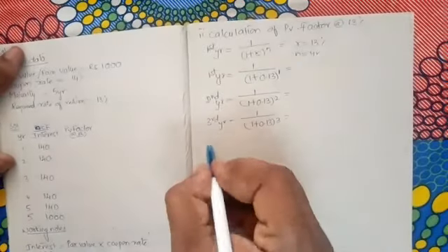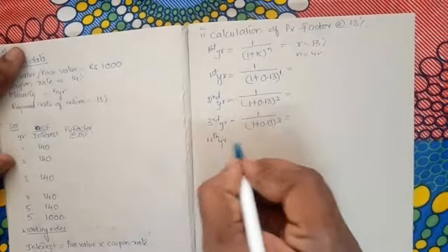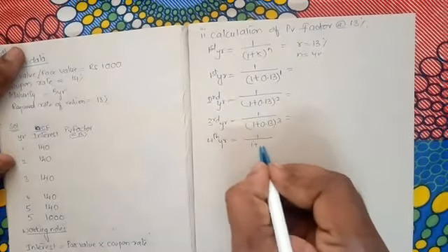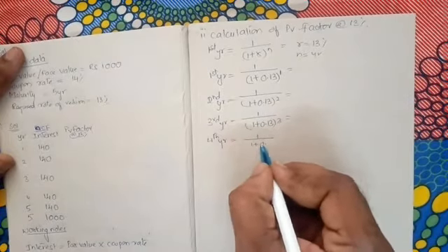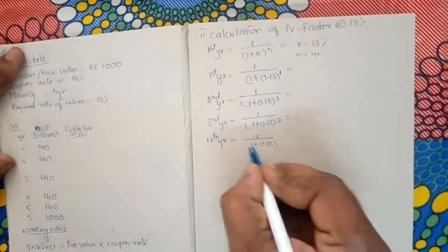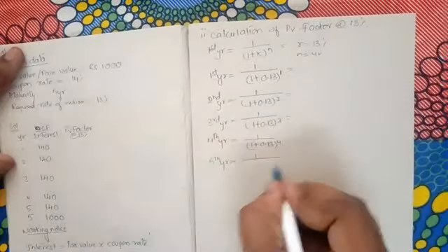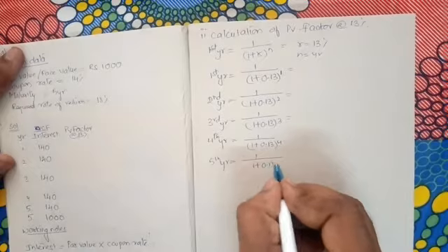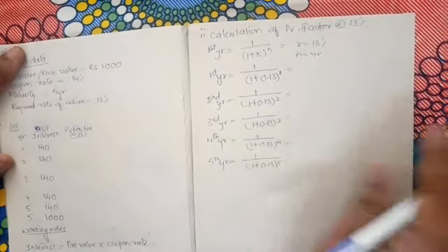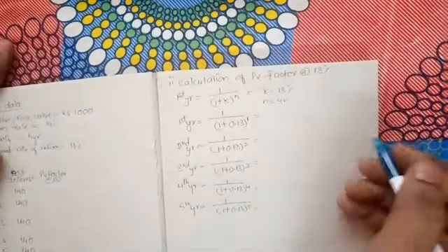On the fourth year, to the power of 4, and on the fifth year, to the power of 5. Tell me what will be the figure here.